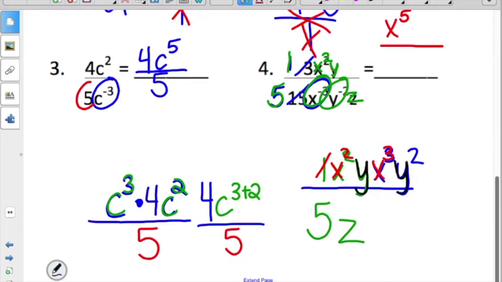Remember, there's a 1 exponent, so we're going to have y to the 1 plus 2, which is 3. And then in our denominator is going to remain 5z. So our answer is x to the 5th power, y to the 3rd, over 5z.